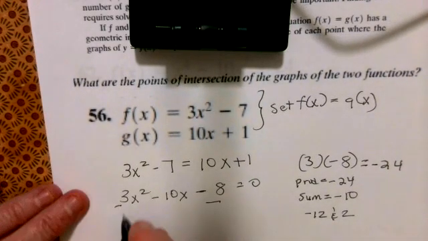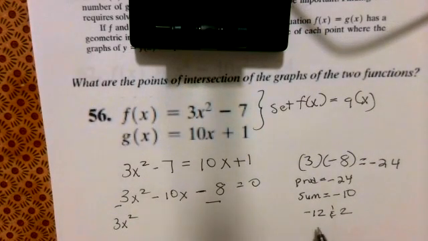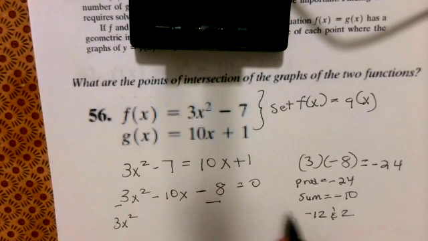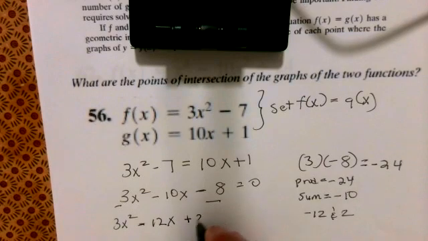So what we want to do is write it out like this. Now, if there's only one negative, if you put it first, it will make it less likely that you make a sign error, and then put the positive term here.